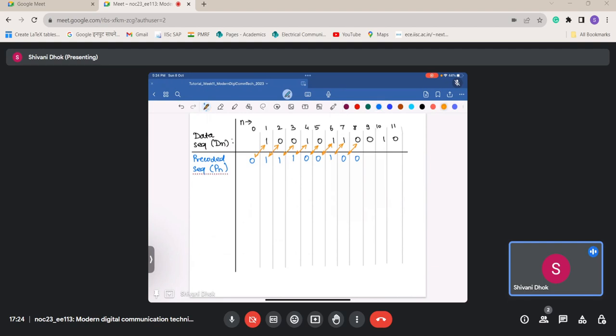Then 0 and 0, again 0. Then we have 1 and 0, so this will be 1. And then 0 and 1, so this comes out to be 1. So this is the pre-coded sequence, which is 1 1 1 0 0 1 0 0 0 1 1.